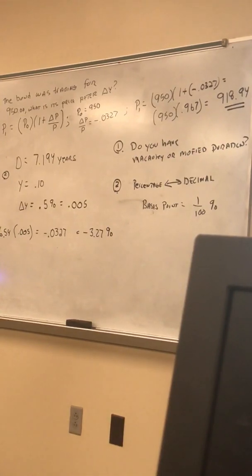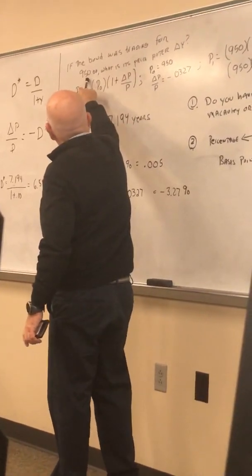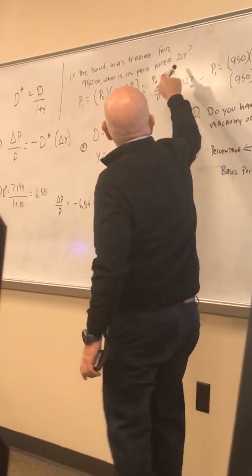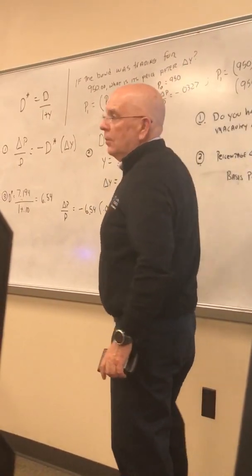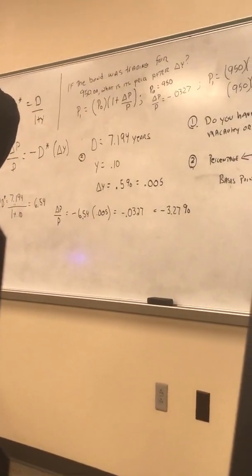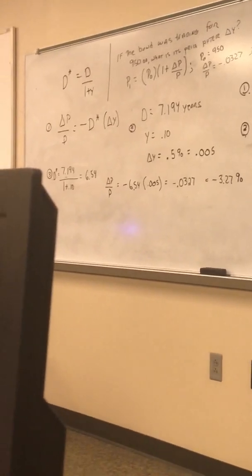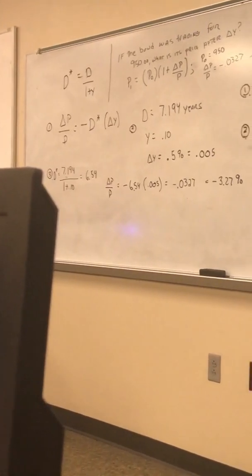Okay. We calculated a 3.27% change in the bond, and I told you that the bond had been trading for $950. What is its price after delta y? The triangle, of course, we call it delta, and it's just a way mathematically of saying the change in.